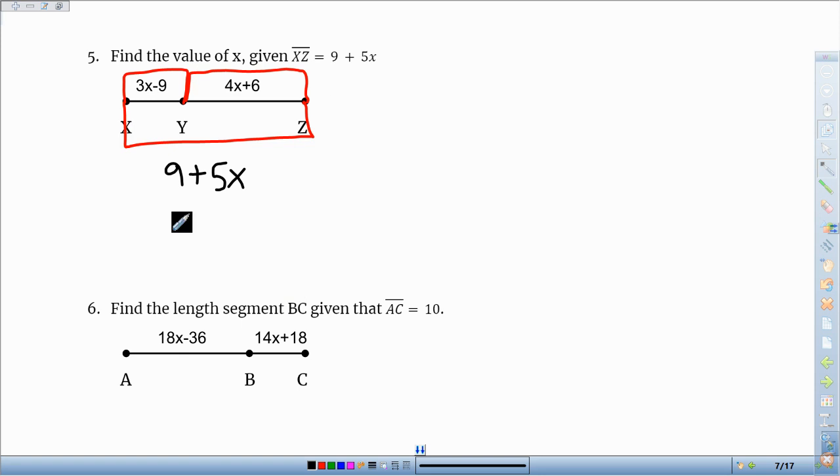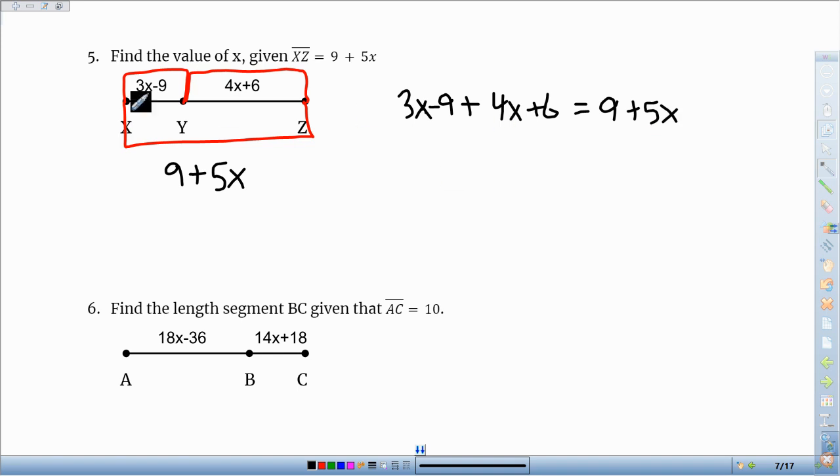Putting that information onto this is really helpful because now we know what our equation is. We can add together the 2 small segments, 3x minus 9 plus 4x plus 6, and that is equal to the entire segment, 9 plus 5x.